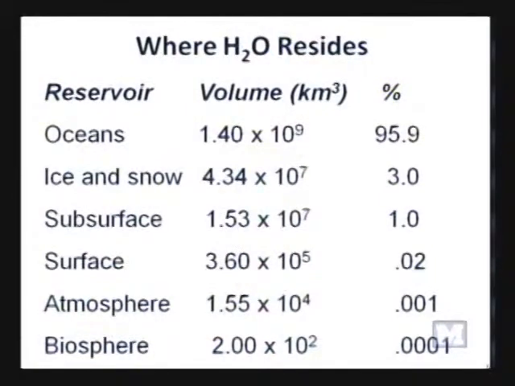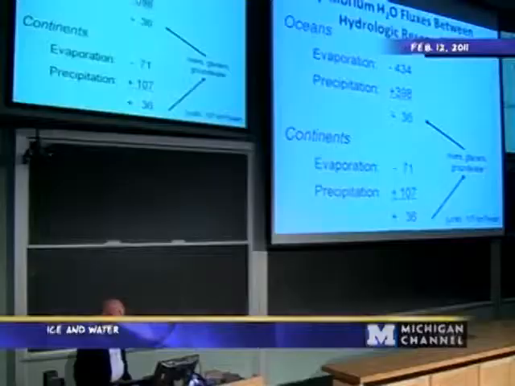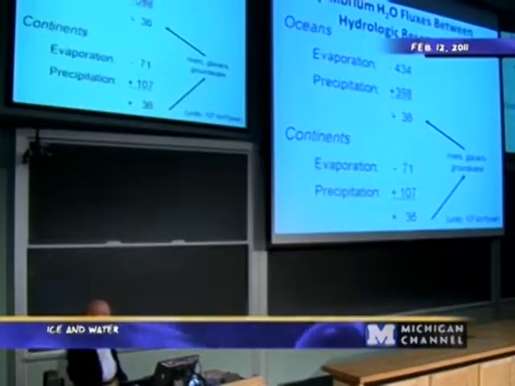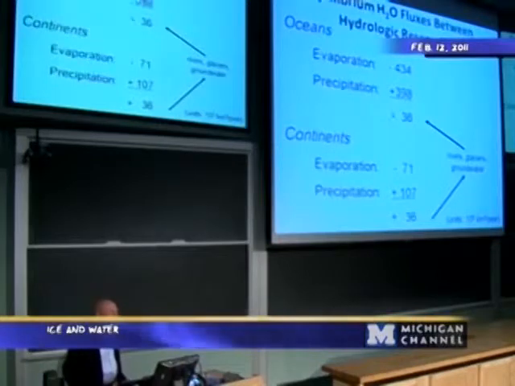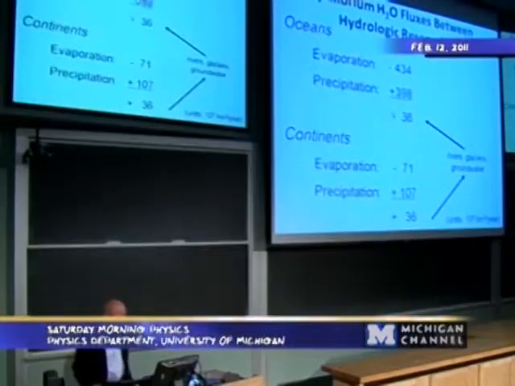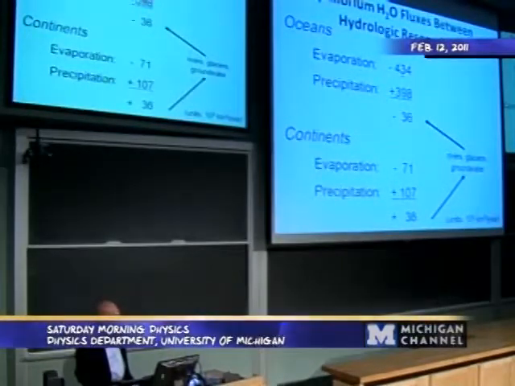That has been pretty much a stable system, a system in equilibrium, but there are exchanges between the system that are going on all the time. For instance, if you look at the oceans, the units on this graph are in thousands of cubic kilometers per year, but for the moment we can just focus on the numbers.